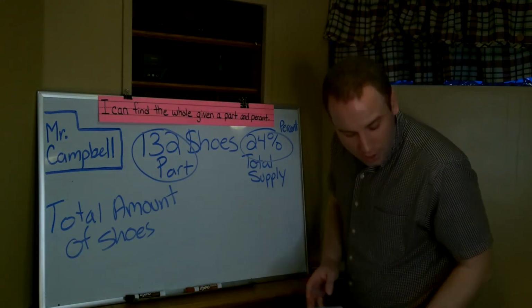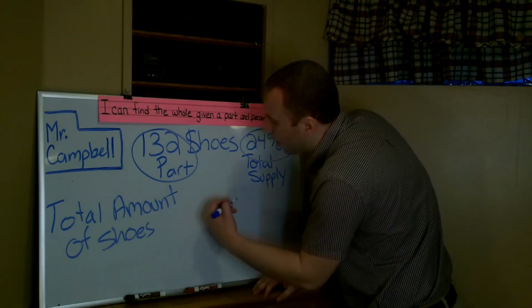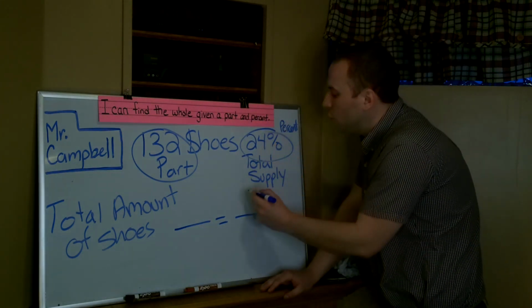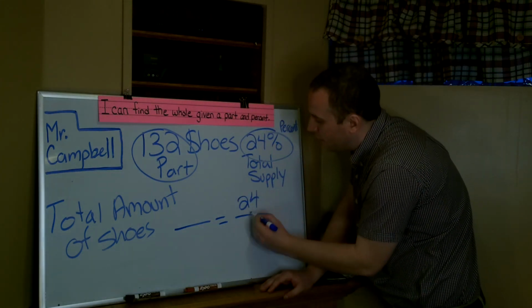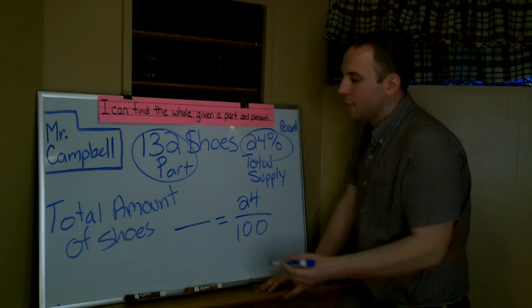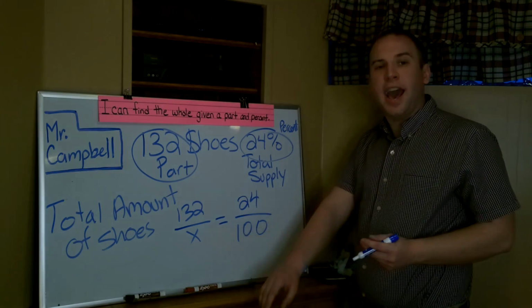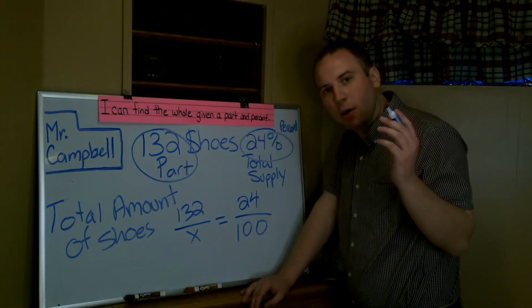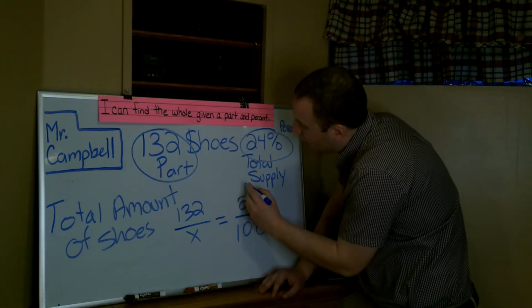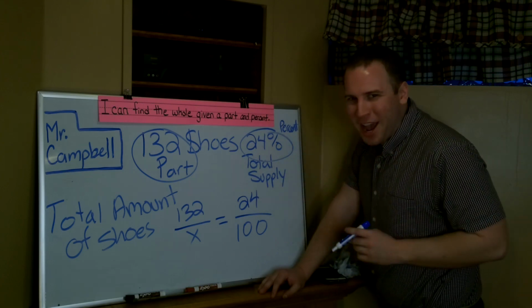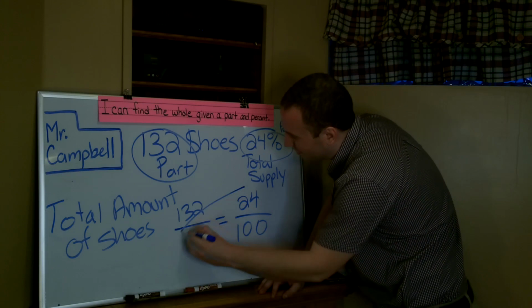Setting this up like we've talked about previously, 24% can just be 24 over 100, and 132 over x, and that x, once again, represents our whole. So once again, what are we going to do, class? You're right, cross multiplication.